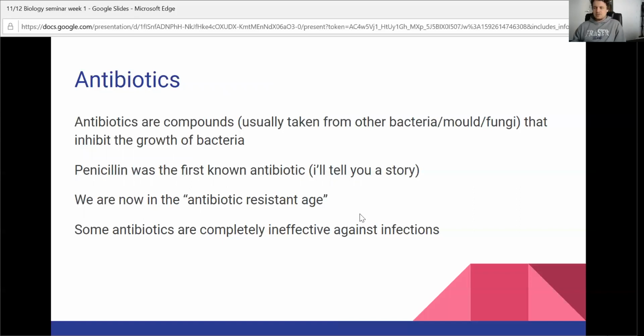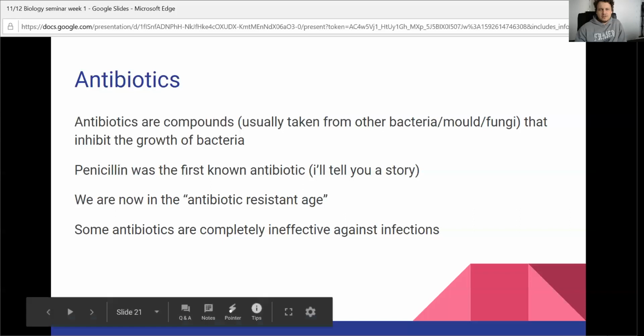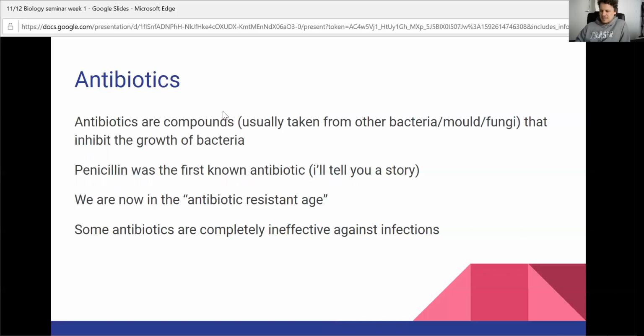But we know that bacteria have been growing and evolving for a very, very long time. And in that time, they've had to fight each other off. So logically, the best place to find antibiotics is to go to the source. So the guy, I can't remember his name now. Why did I not write that down?